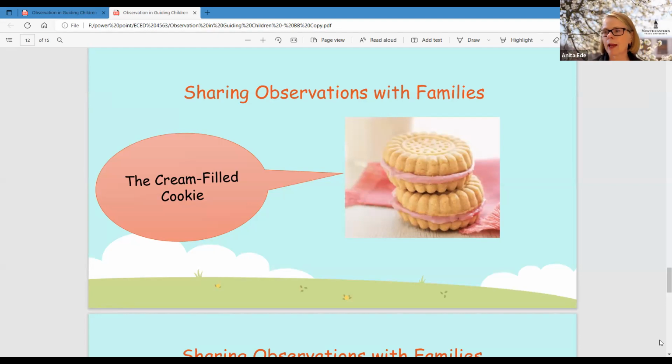Include them as co-workers in this problem so that they can come up and help you with a solution. When you work together, it's so much easier than working by yourself. So that's the center of that cookie, the creamy part.